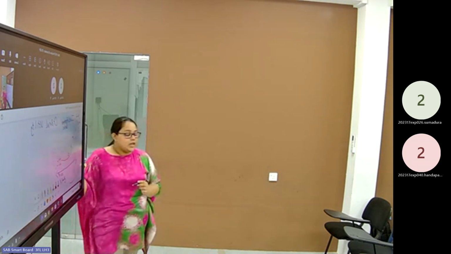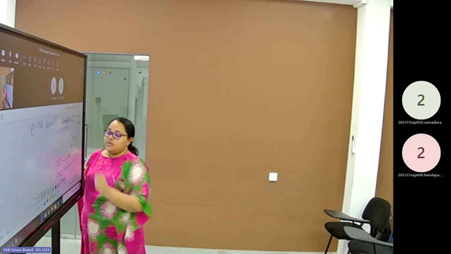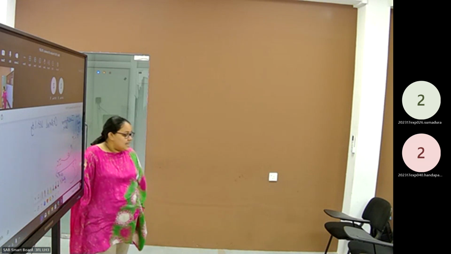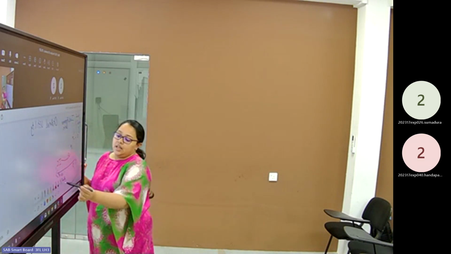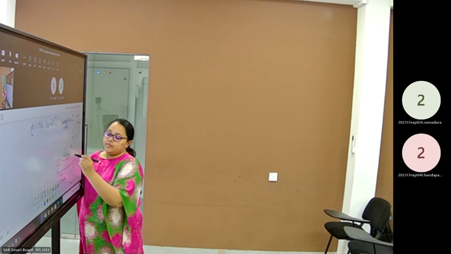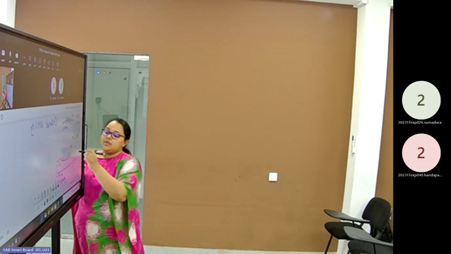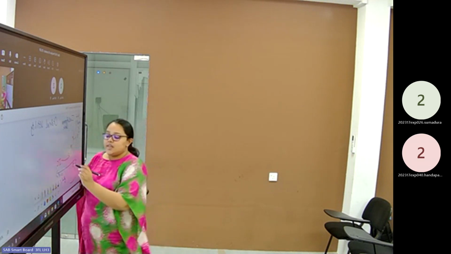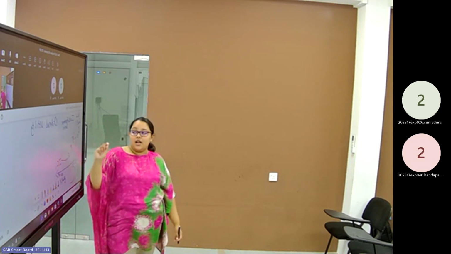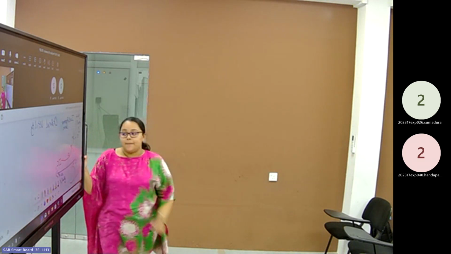If we are in point A, we may be consuming 15 units of good Y, 5 units of good X. On the other hand, if I shift to bundle B, I may be consuming 12 units of Y and 7 units of X.